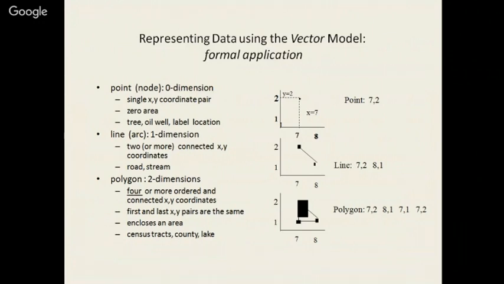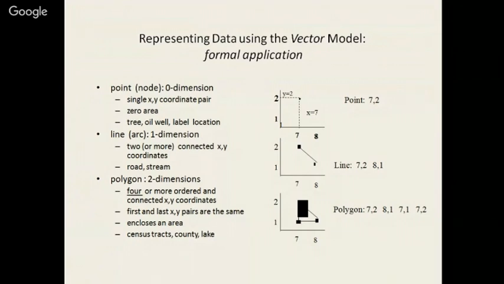It usually represents features like a tree, an oil well, or a level location. A line has a single dimension and has two or more connected coordinates. We use line or arc data to represent roads or streams.